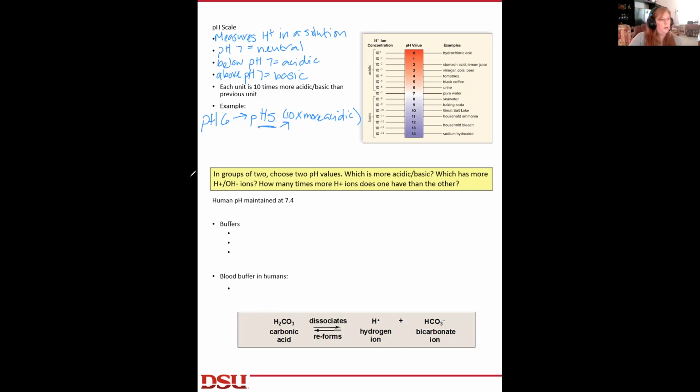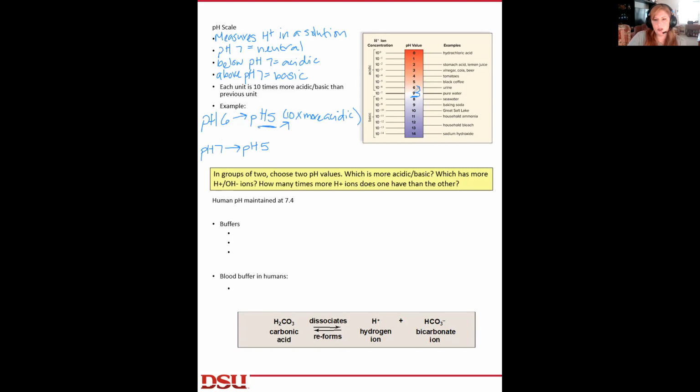Okay, but now what if I go from a pH 7 to a pH 5? Well, let's look. Okay, so here's 7, which is our neutral-ish. We're going numerically down, right?